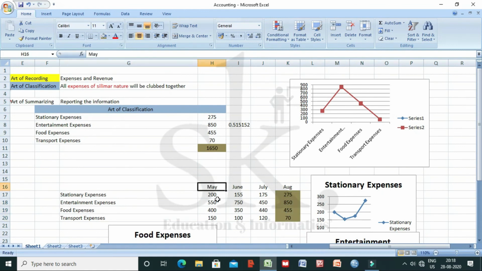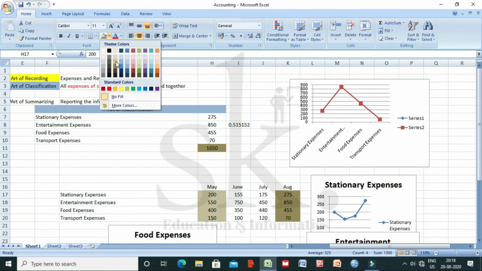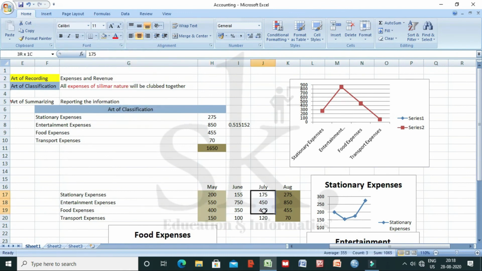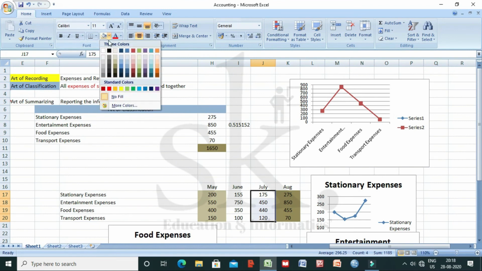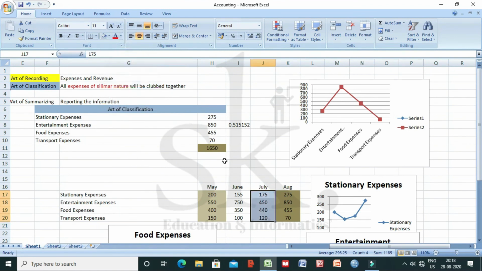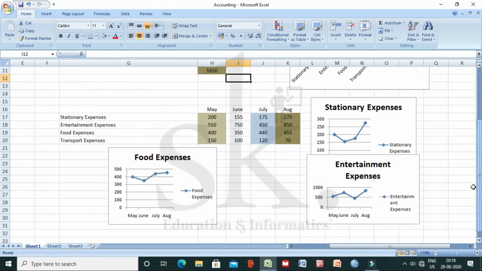Now you can also come up with an inter-comparison between various months, for example May, June, July and August, and make an inter-comparison of the expenses which you have incurred. And we find that, okay, expenses have more or less gone higher with respect to stationery and entertainment.